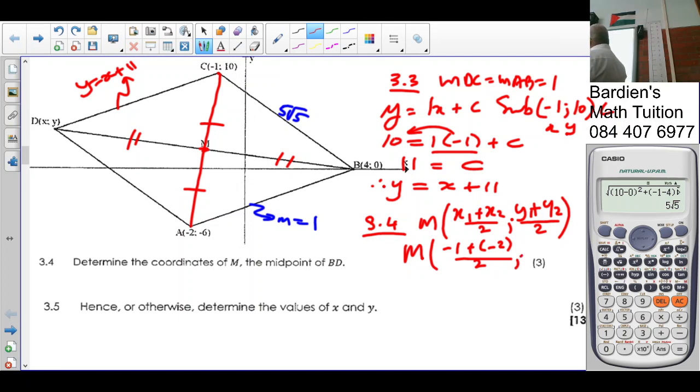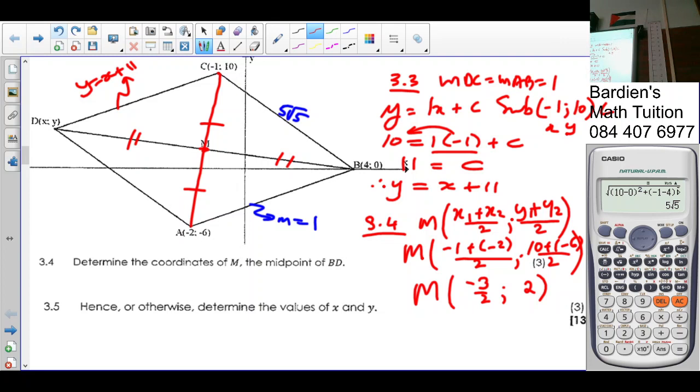Again, I'm calculating the midpoint of this line now, okay? That I've drawn in there. y1, which is 10 plus -6 over 2. That will give us -3 over 2 and 2.